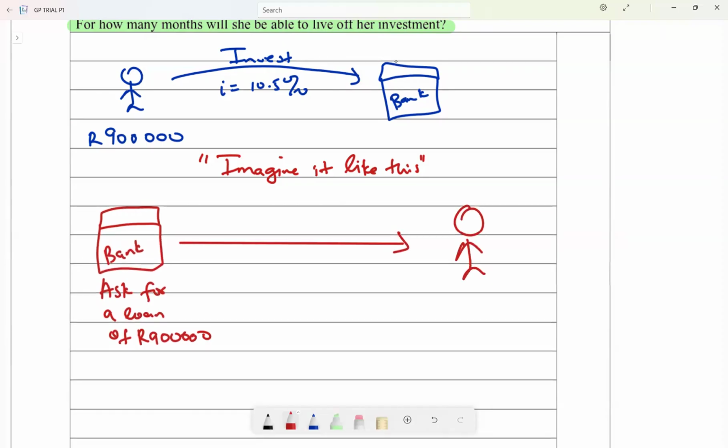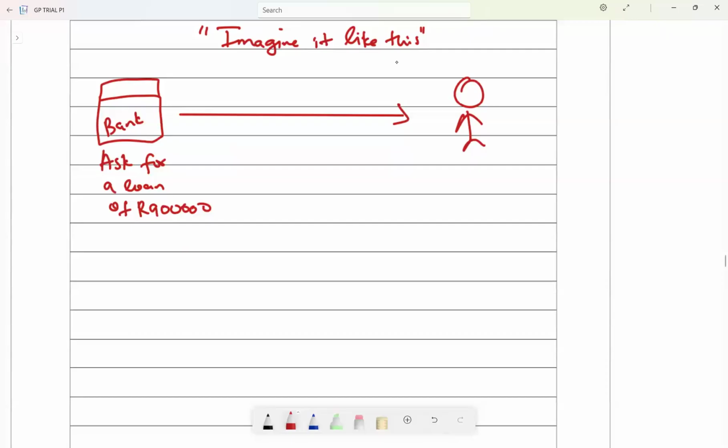And then Miss Kasala says, it's fine, I'm going to give you the loan. But now you need to pay me each and every month, a monthly installment. You are granted the loan, but you need to do monthly repayments. Remember, if you're taking a loan, you will need monthly installments, of 18,000 per month. So you're going to pay 18,000 per month.